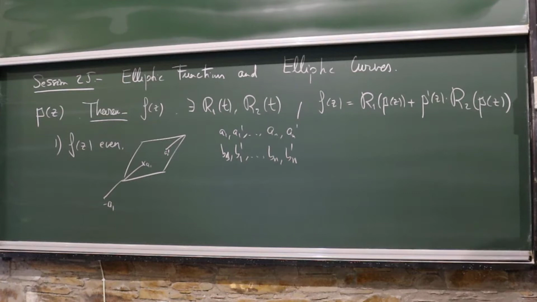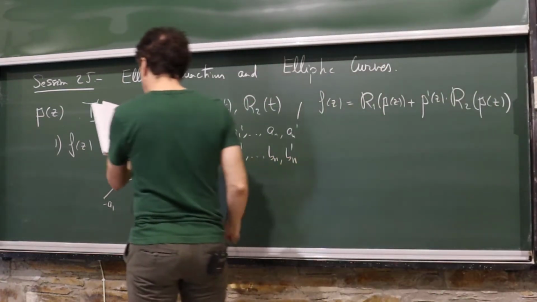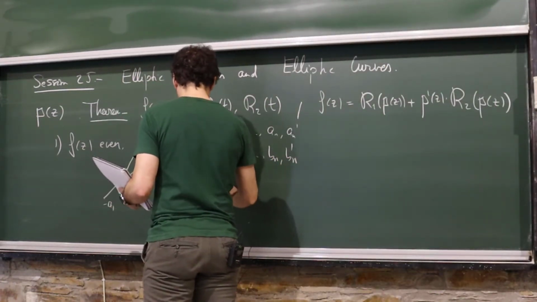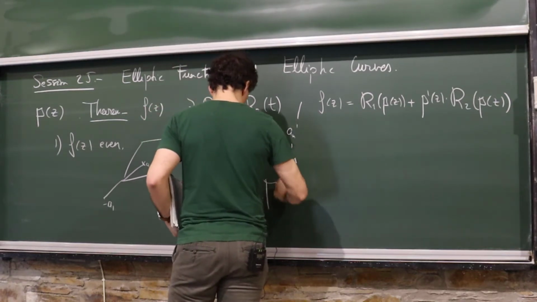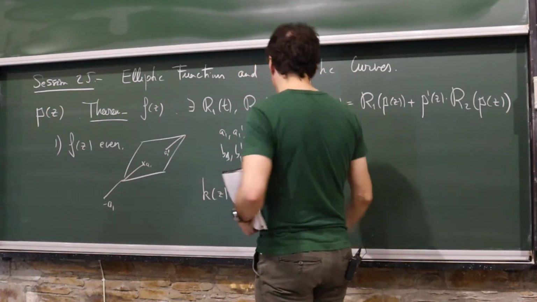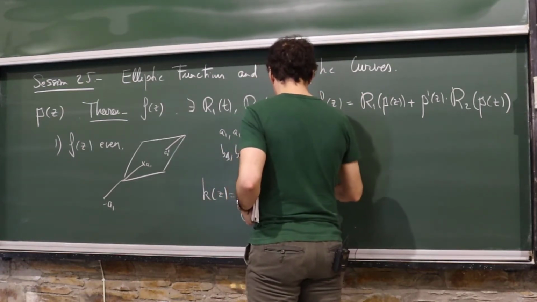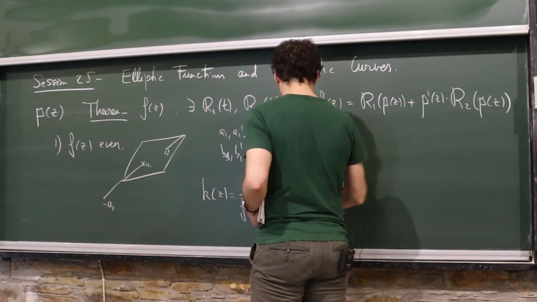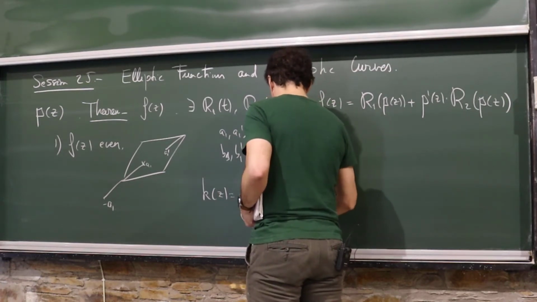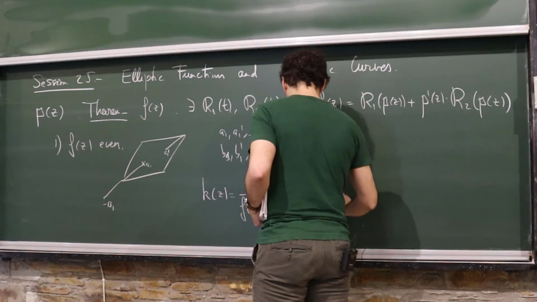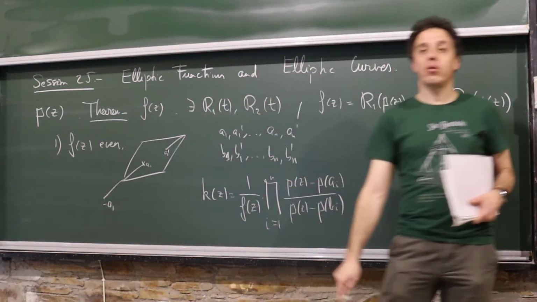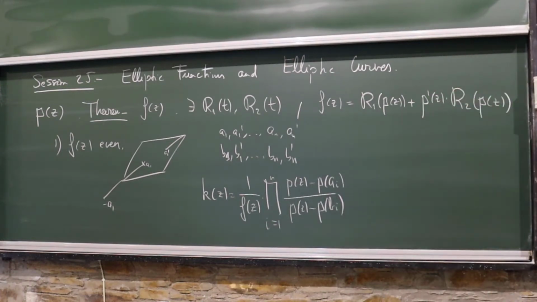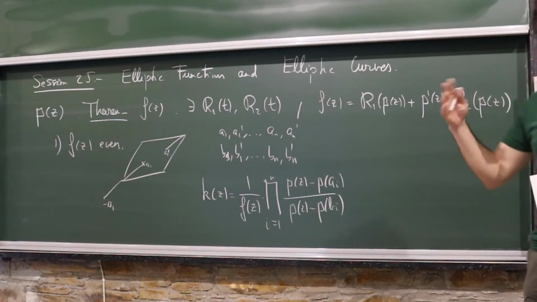And you could consider in this case the following function, k of z, a multiple of the product of p of z minus p of ai over p of z minus p of bi. You can see that this function is holomorphic. You have removed zeros and poles.